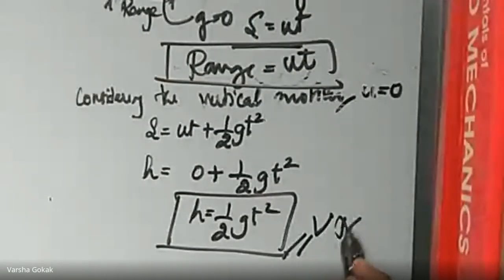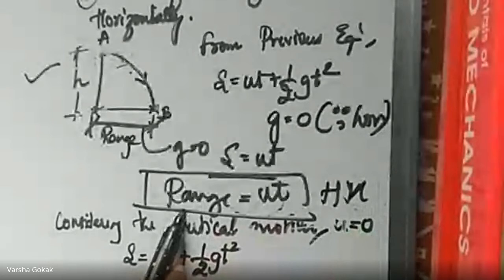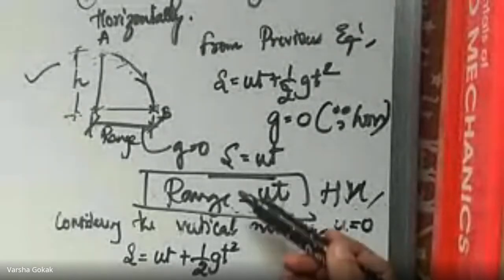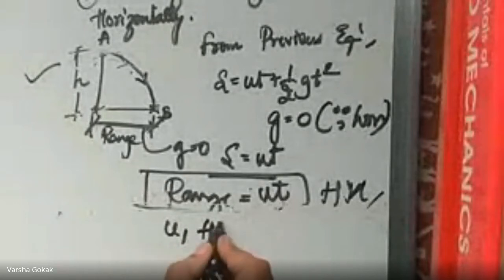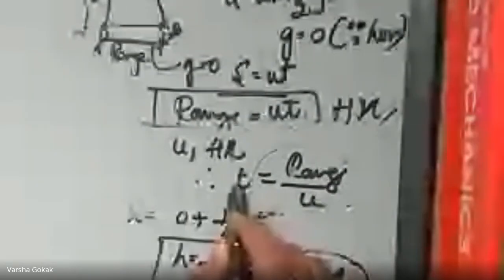One equation is h, this is vertical motion ka, right? H equal to half gt square. And this is horizontal motion. Range is equal to u into t. So this is your standard case. Okay. Using these two equations, you can anyway, if he gives you in the question, u is given and he's given you the horizontal range, so what would be time? Time would be range divided by your initial velocity. Correct? You will get the time. So using these two equations, you will be able to get the value of the time taken in terms of seconds.